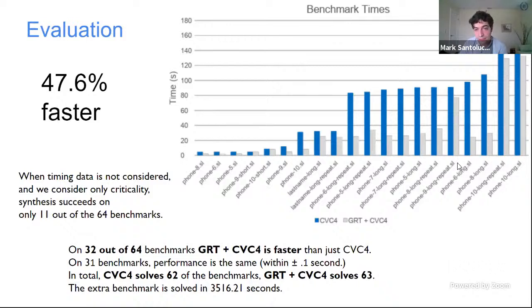So you can see this is just a selection of some of those benchmarks which had a reduced time. What's really interesting is that when we only consider the criticality, when we're only predicting whether or not a terminal is critical to the grammar, and we don't take into account the timing data, synthesis succeeds on only 11 out of the 64 benchmarks.